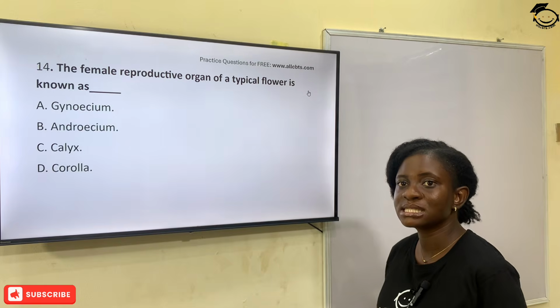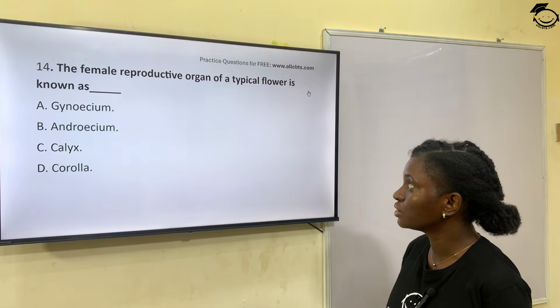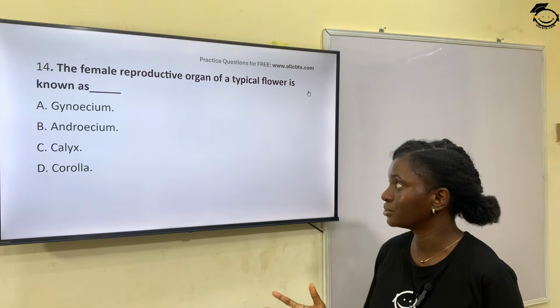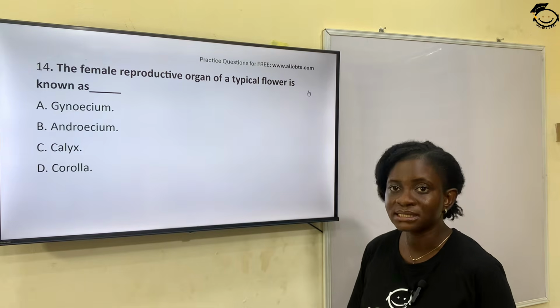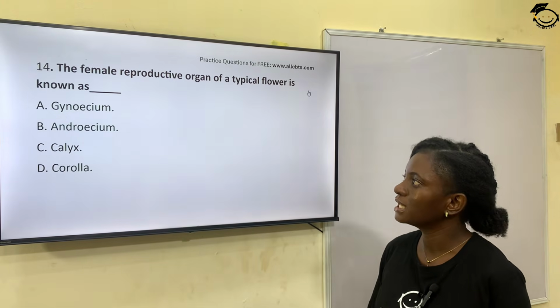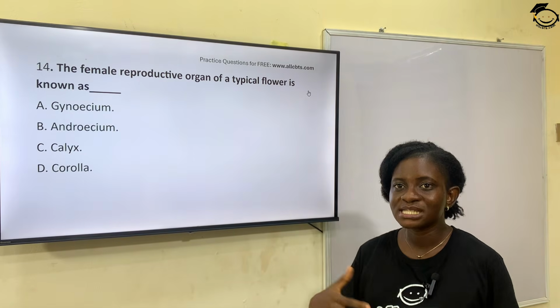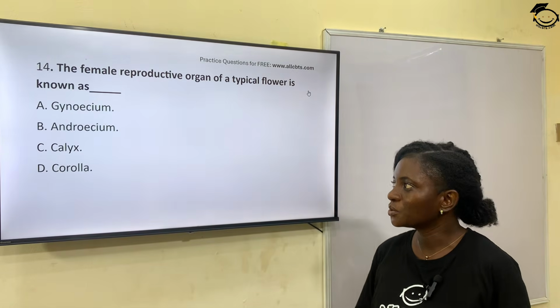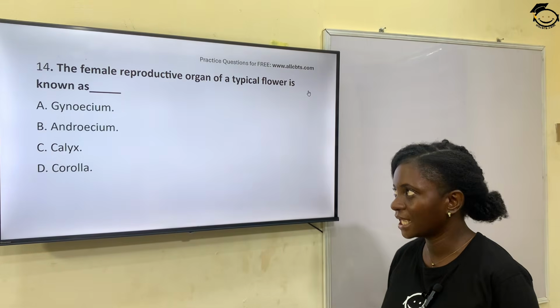It contains the ovary and the style, while androecium is the male reproductive organ. Just think of the guy, you know, when women go to visit a gynecologist, so gynoecium is the correct answer. Option A.